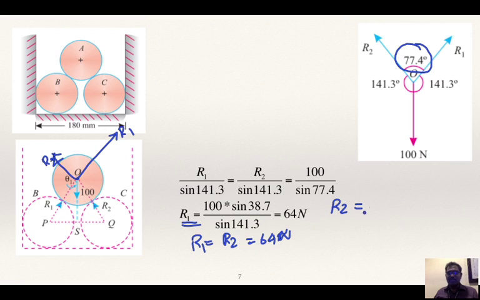I have not written down the equation because both these things are just one and the same. That is 100 into sine 38.7 divided by sine 141.3. So which means both these things are just one and the same. So you have found out what is the value of R1 and R2, right?